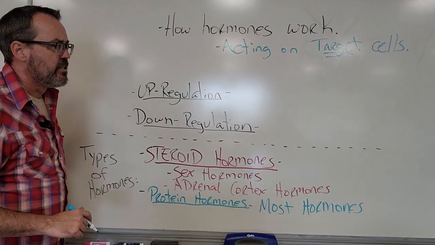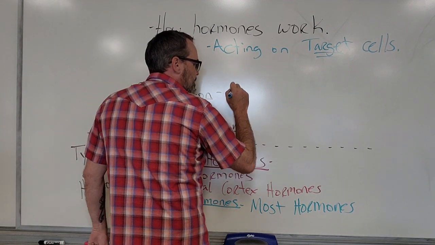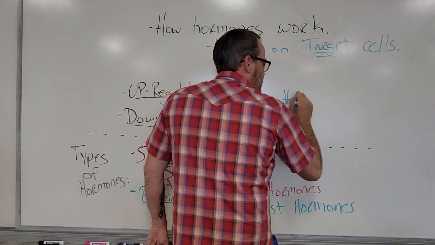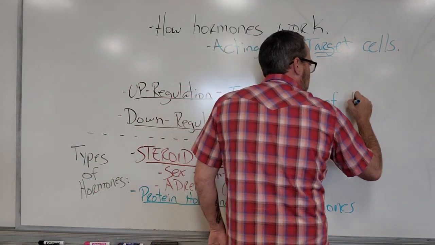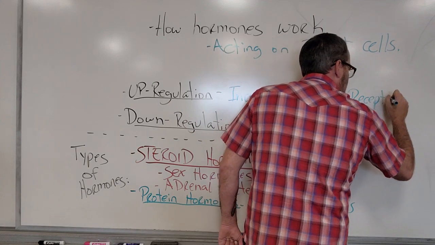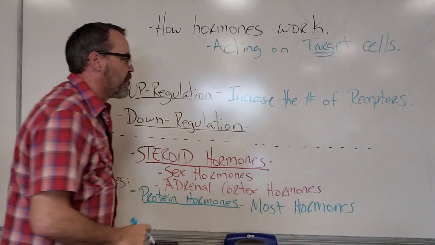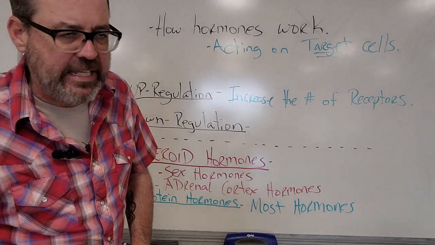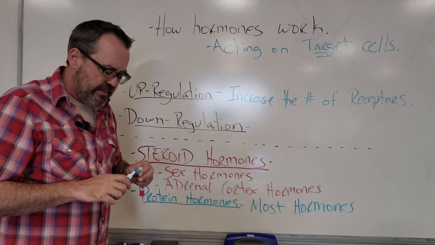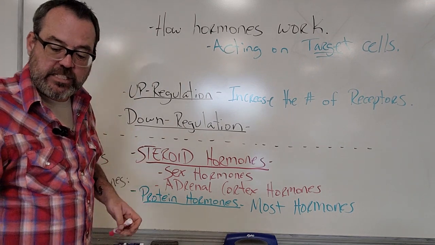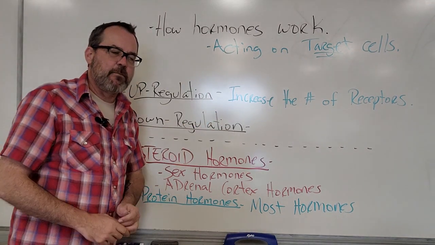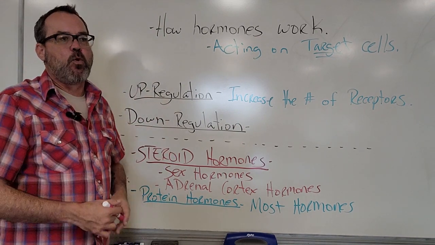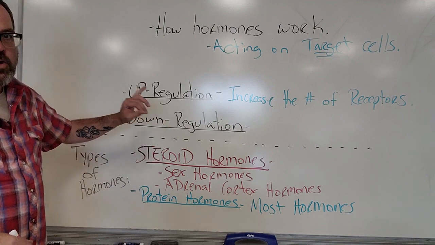Upregulation just means we are going to increase the number of receptors on a specific target cell. That's going to make it much more likely that the hormone is going to find this target cell and be able to elicit the response. We are increasing the number of receptors on a target cell, making it that much more likely to be found. Or we can downregulate.